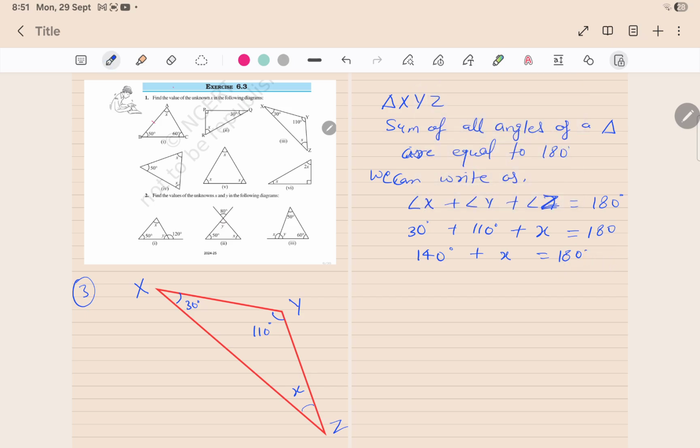So x equals 180 degrees minus 140 degrees, x equals 40 degrees. So this is our third question answer. Let's go to the fourth question.